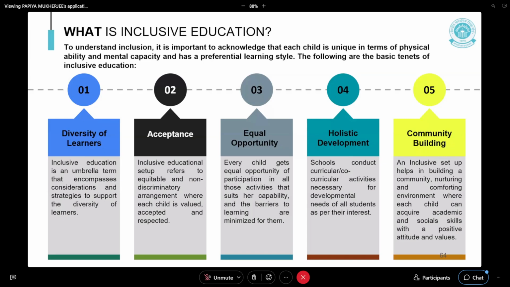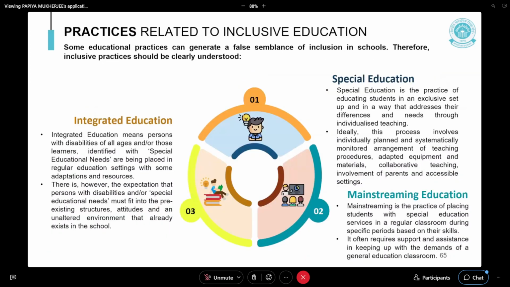We need to build a community, take support of the community, whereby everyone, whether peers, students, or teachers, supports the children with special needs. They create an environment where each child can acquire academic and social skills.